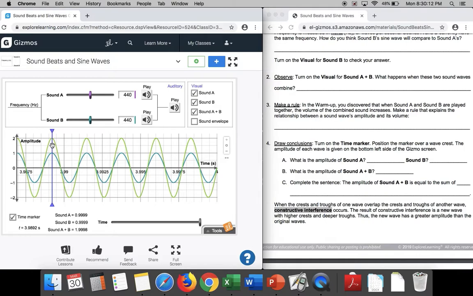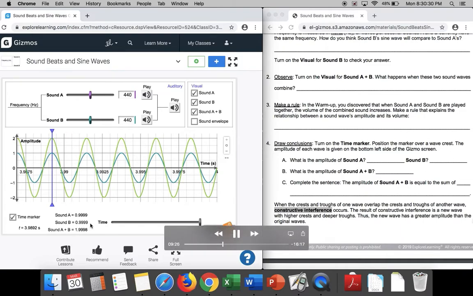What is the amplitude for sound A? I go back to the Gizmo screen, and right here where it says sound A at the bottom, you'll write this. And then what is it for sound B? You'll write this. And then what is the amplitude of it combined?